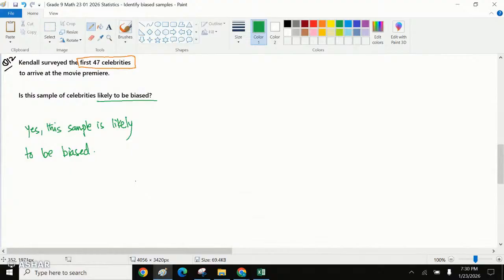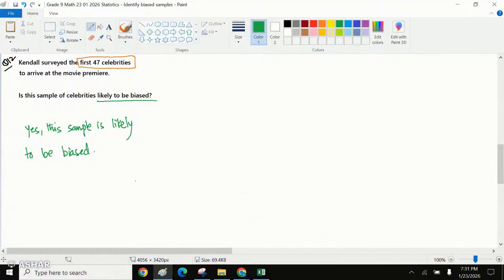Because this is about a survey, maybe the first 47 were child stars, and you were asking questions in the survey related to adults, so they would not have a very specific answer. Or maybe the first 47 were adults, and you were asking about movies related to kids. So this is biased. You can select everything, you choose everyone, and from those, when you select randomly, that becomes unbiased.